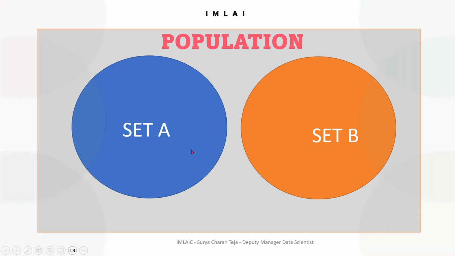We can use this information to draw conclusions about the overall popularity of each type of restaurant among the entire population of the city. For example, we might find that Italian cuisine is more popular among the population, or that the two types of cuisine are equally popular. So, in this way, the concept of population with two sets can be used in a real world context to gain insights into people's preferences and behavior.